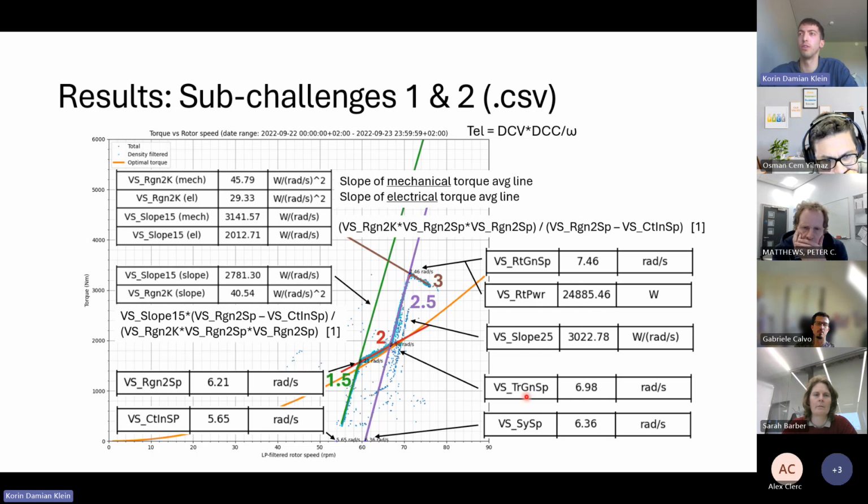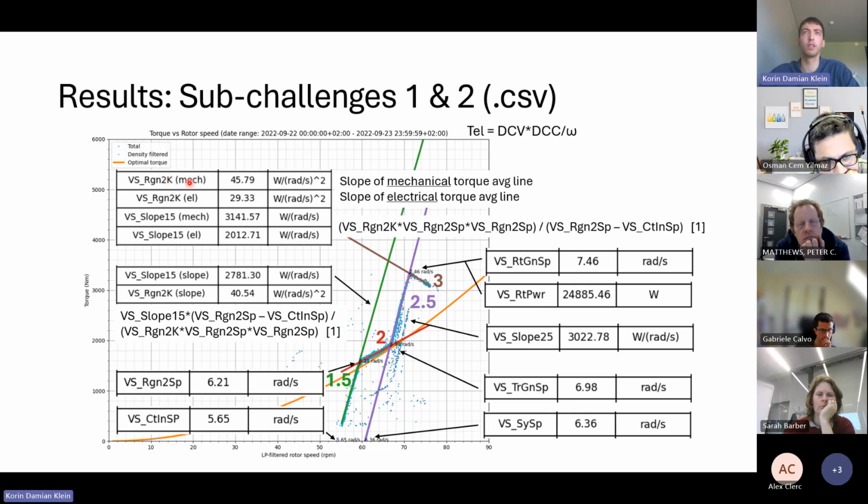The same applies for those parameters down here, which use the intersection of the torque is equal to 0 line and the region 2.5 average line. And up here, the intersection between the region 2.5 average line and the region 2 average line. We also have the rated generator speed and the rated power, which are both extracted from the intersection between the region 2.5 average line and the region 3 average line.